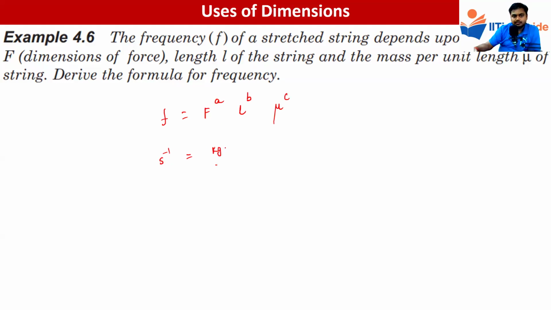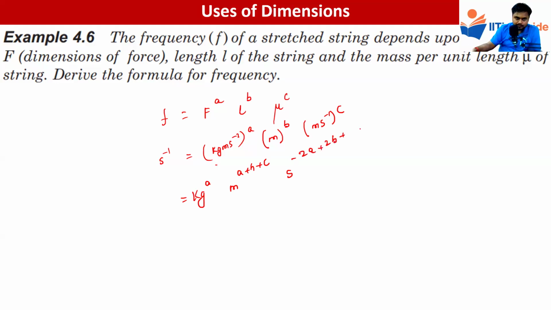Force is kg meter per second square to the power A. Length, meter to the power B. And mu to the power C. So the second exponent is minus 2A plus 2B. Okay.